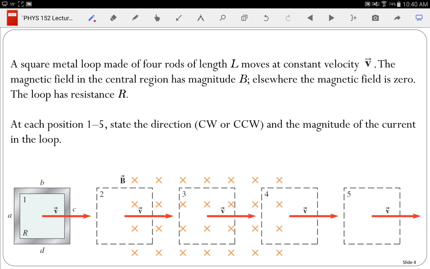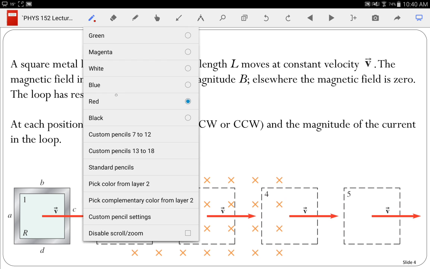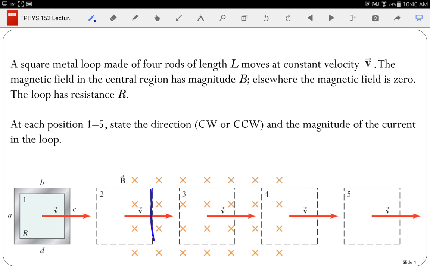Now in position B, you have that same loop, but now this side is in a magnetic field, but the other side is not. Is there going to be an induced voltage on any sides of that one?